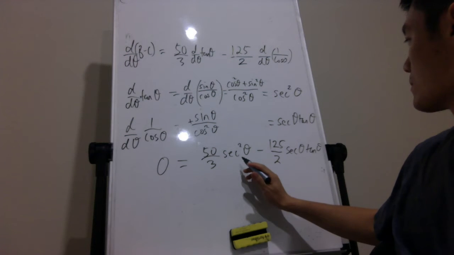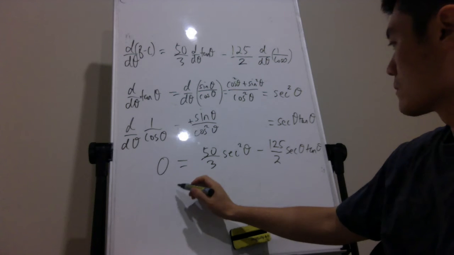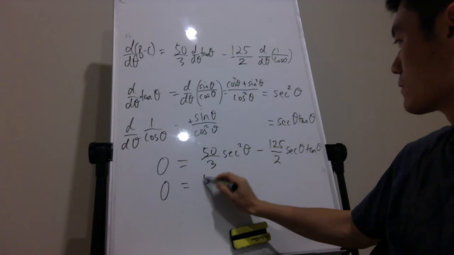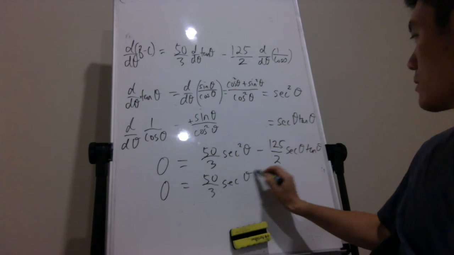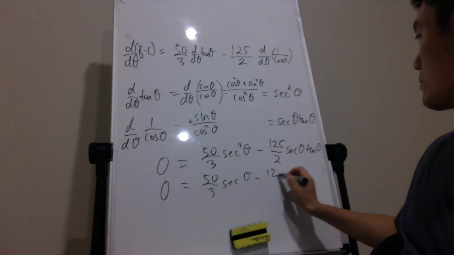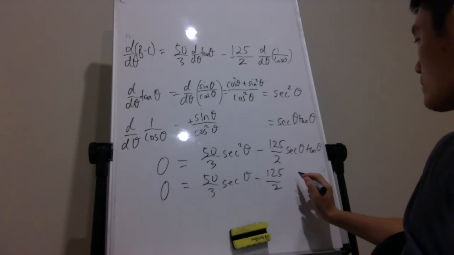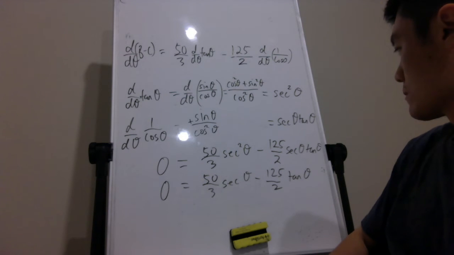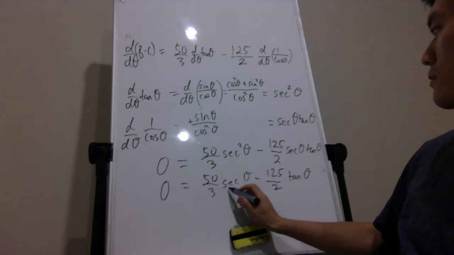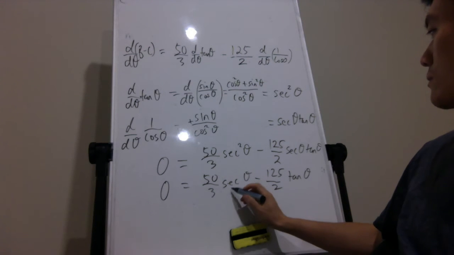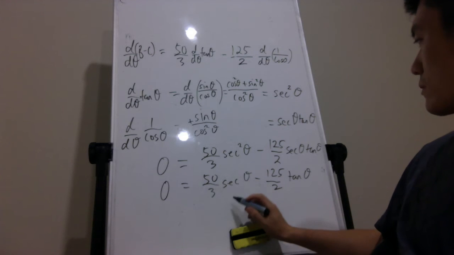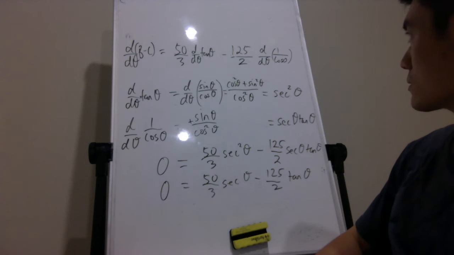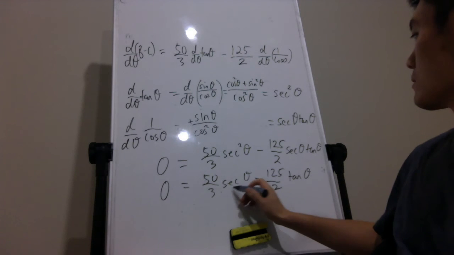Then we have basically 0 equals 50 over 3 sec theta minus 125 over 2 tan theta. We can get rid of the sec by multiplying by cosine, because cosine is not 0 in this domain for theta.